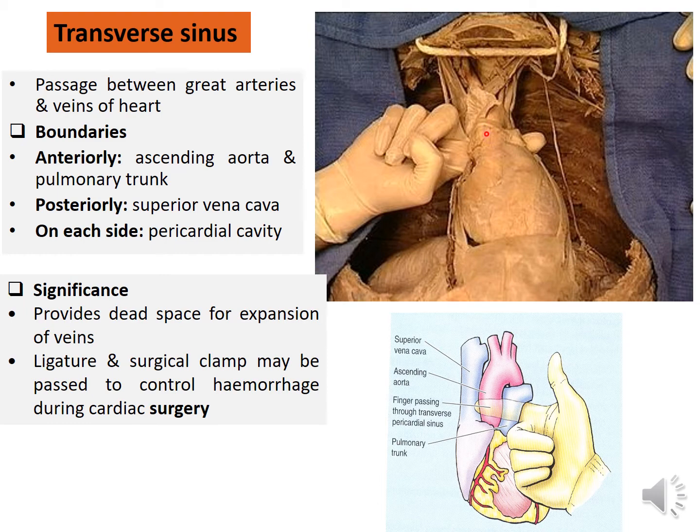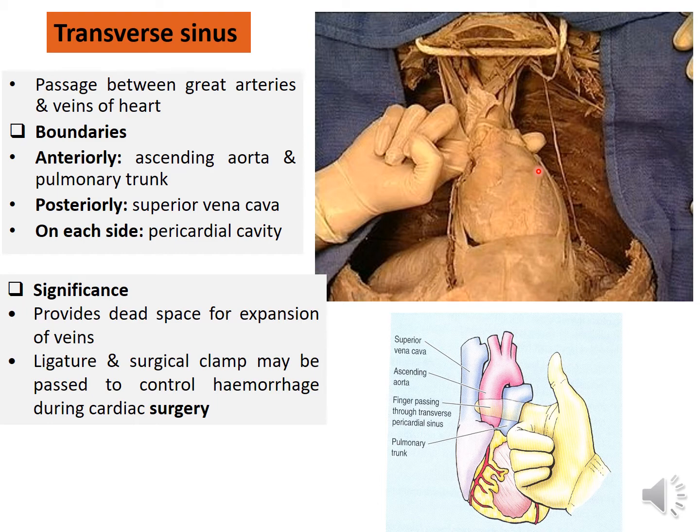Anteriorly, it is bounded by the ascending aorta on the right side and the pulmonary trunk on the left side, and posteriorly it is bounded by a vein. Here you can see this is your superior vena cava. On both sides, this sinus communicates with the actual pericardial cavity.